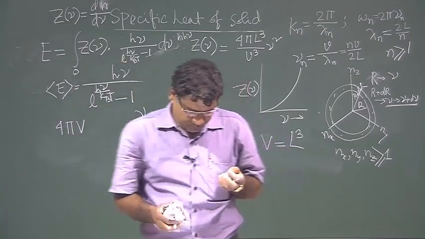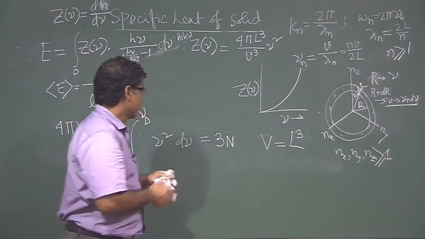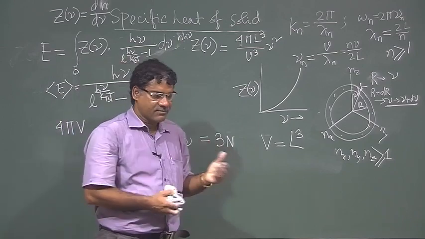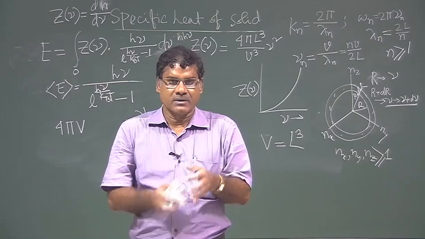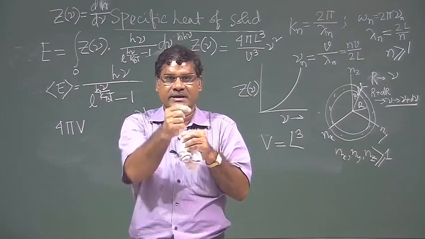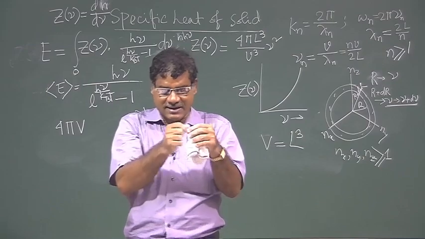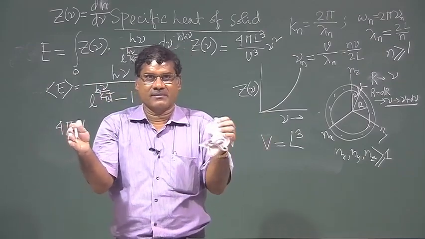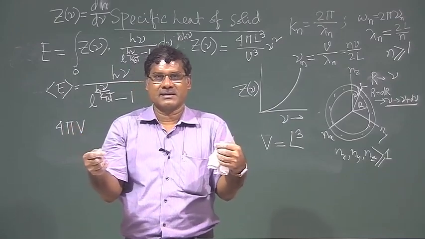So here we have 3N number of modes, because this is for 3 directions. Okay. So, if you consider a string, I think it is easy to understand considering a string.